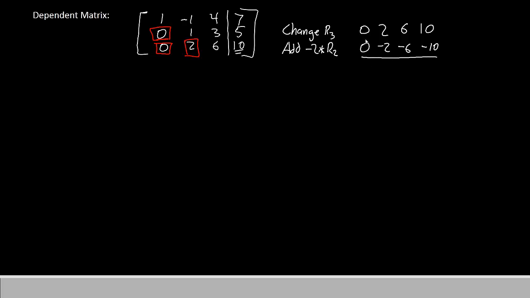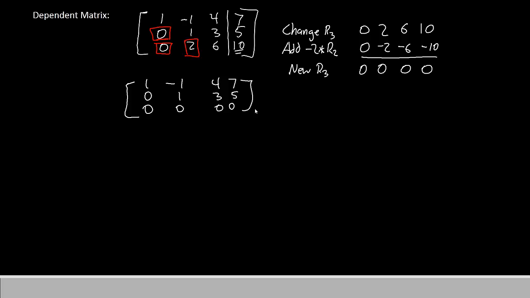If we do our operations now, we'll have 0 and 0 makes 0, 2 minus 2 is 0, 6 minus 6 is 0, 10 minus 10 is 0. So our new row 3 is all zeros. Here's what our matrix looks like now. 1, negative 1, 4, 7, 0, 1, 3, 5, and now all zeros in the bottom row.